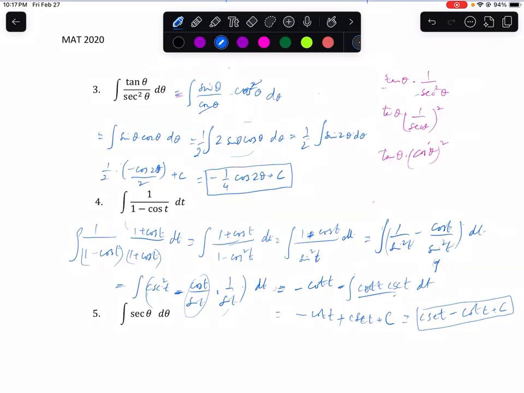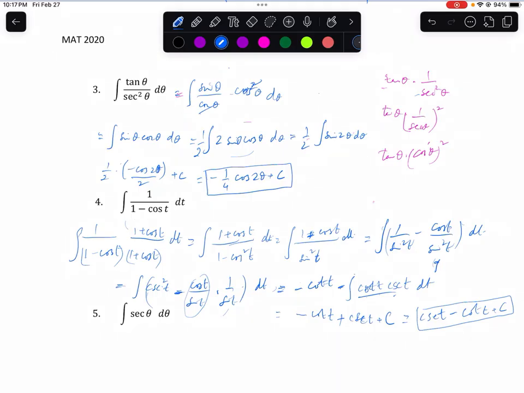So we had a derivative of cotangent, which is negative cosecant square t, and derivative of cosecant, which is negative cosecant t times cotangent t.